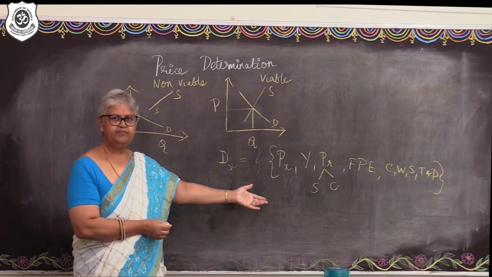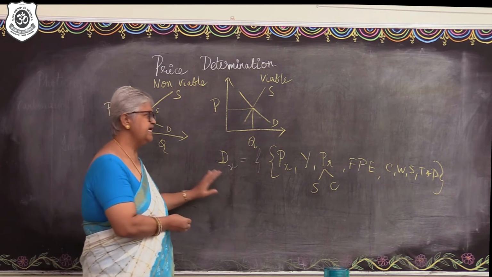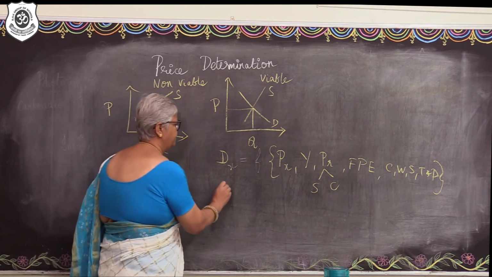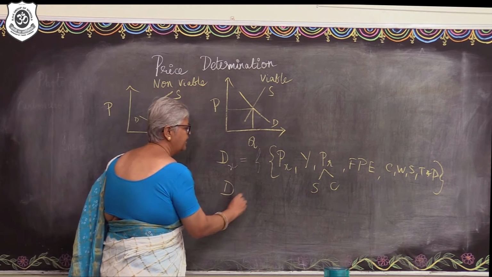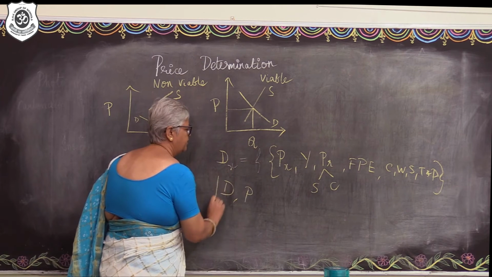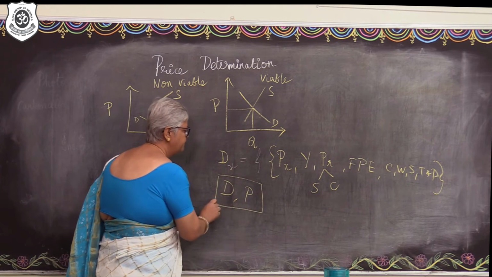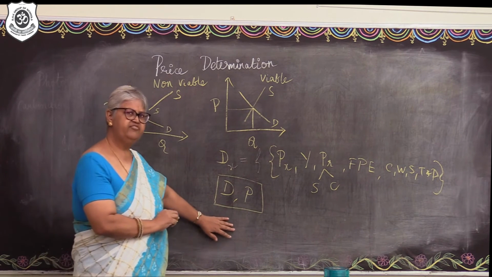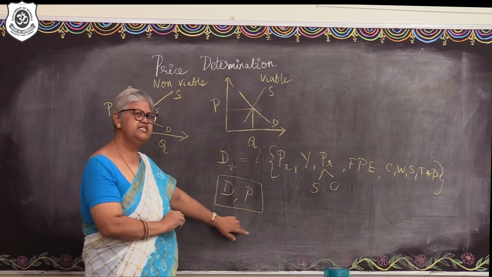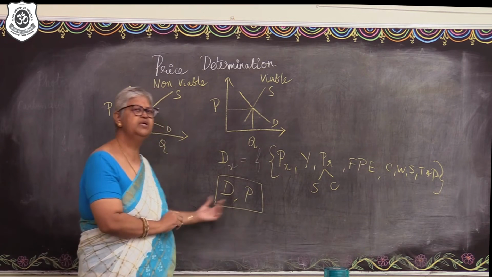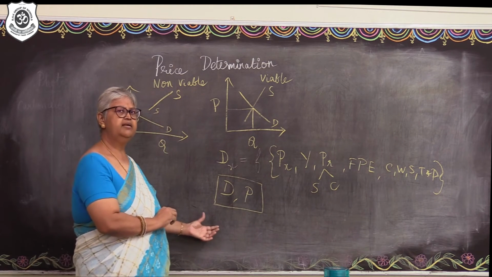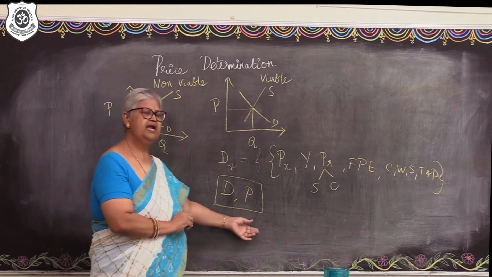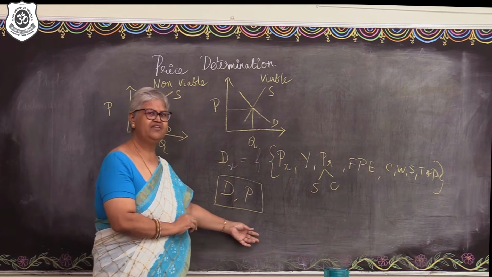So when demand changes in the market, it might be changing due to any of these factors. For simplicity's sake, it's understood that demand and price are the two factors that make up the law of demand. Price is a major influence on demand. Demand is the dependent factor and price is the independent factor.